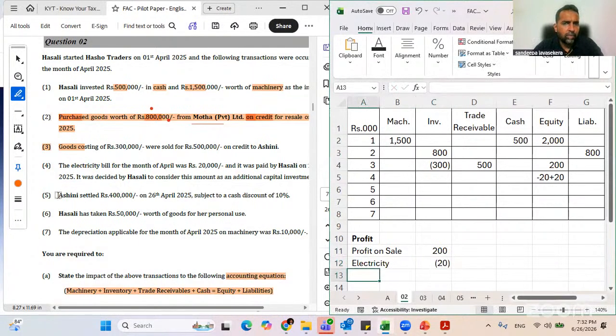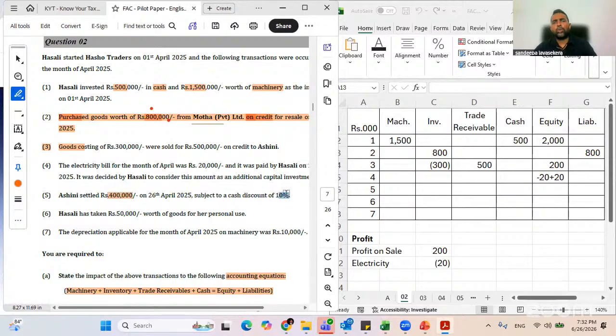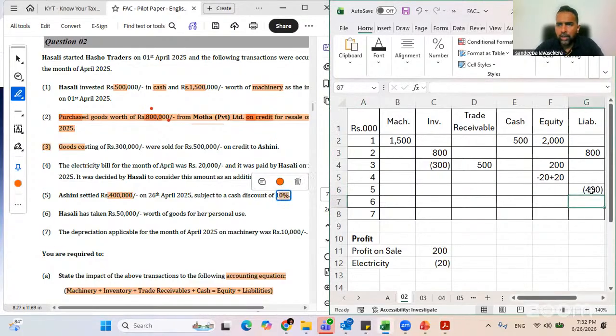Fifth one. Ashwini settled 400,000 subject to a cash discount of 10%. Liability will come down by 400, but your cash will come down by only 90%. Why? You are getting a discount. So 400 into 90%. Your benefit is 40 rupees. The supplier has told you, since you are settling early, I am giving you a discount of 10%.